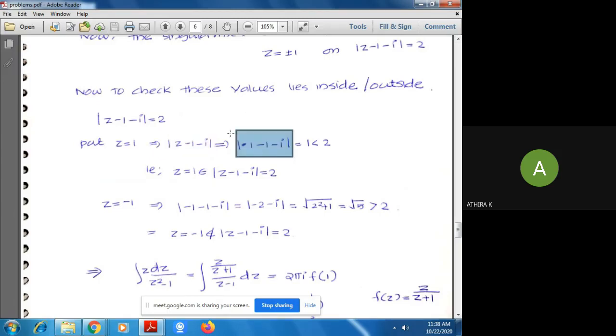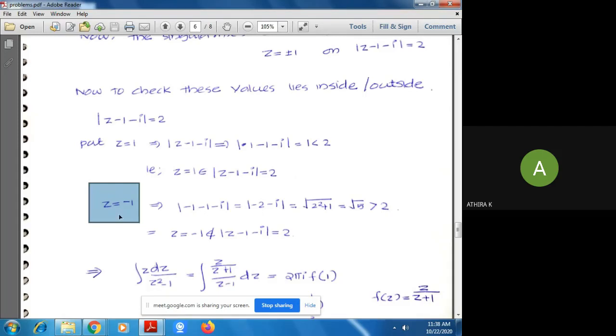Here 1 and minus 1 cancel each other, and in modulus we get mod minus i equal to 1, that is less than 2. That means z is equal to 1 lies inside the circle mod z minus 1 minus i is equal to 2. Similarly, we check whether z is equal to minus 1 lies inside or outside the circle.